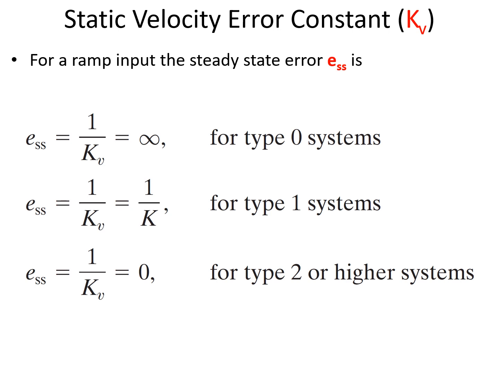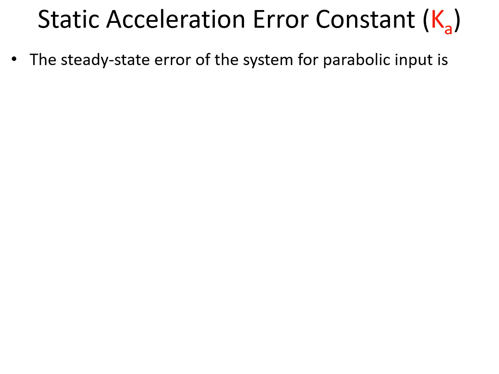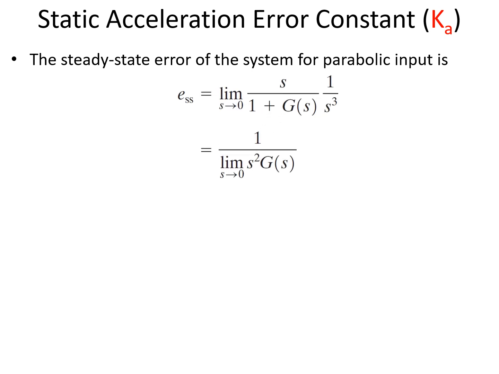Now the next part, we will take the static acceleration error constant, which is represented as Ka. This is the steady state error of the system for a parabolic input. As you know, the Laplace transform of a unit parabolic signal is always taken as 1 by s cube.